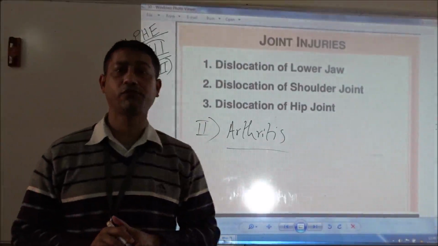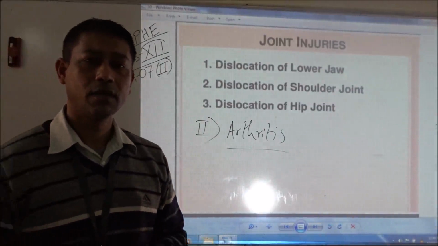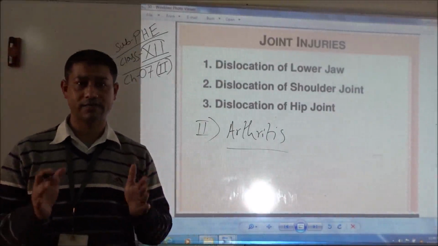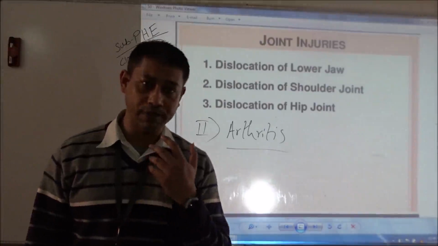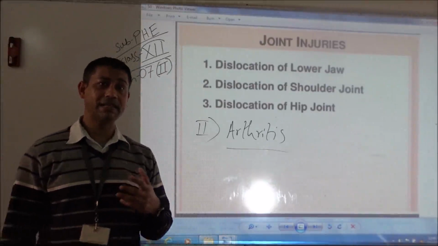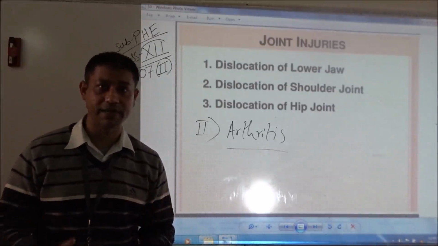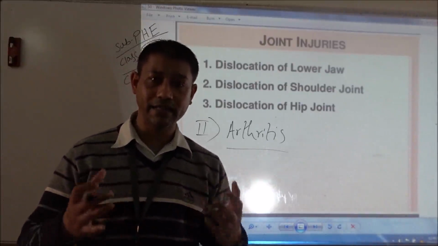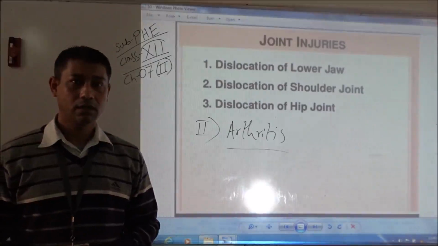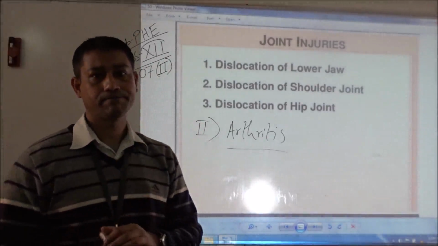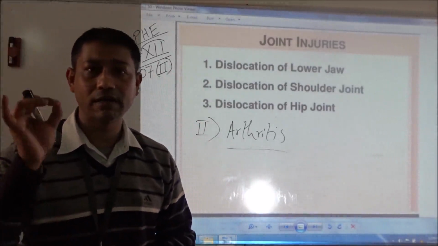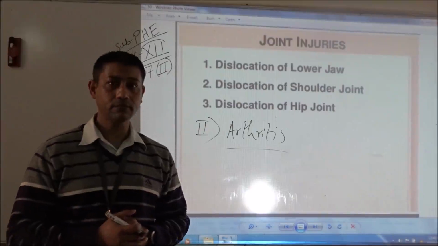Arthritis is a sort of joint injury which generally occurs with old citizens, the old persons. Basically in arthritis, they experience a lot of pain in the joints. Now there is a fluid present in our joints.